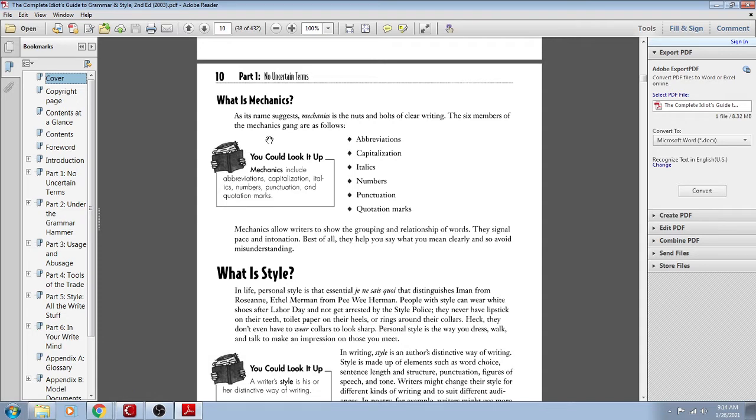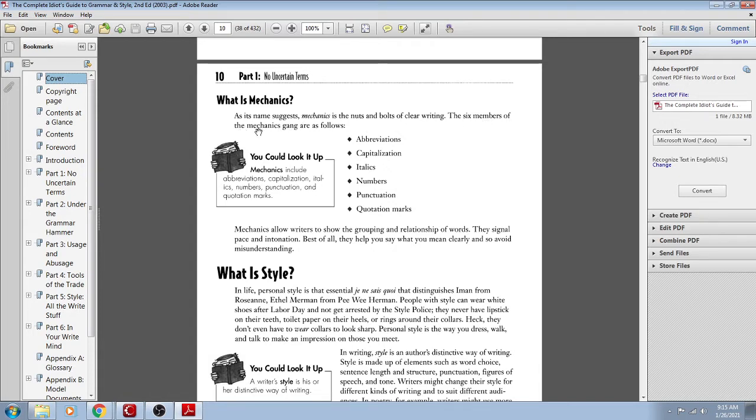Yes. What is mechanics? Radia, can you read? Sure, doctor. As its name suggests, mechanics is the nuts and bolts of clear writing. The six members of the mechanics gang are as follows. This writer has a very funny, amusing way of writing. You can hardly not laugh when reading every page from her.